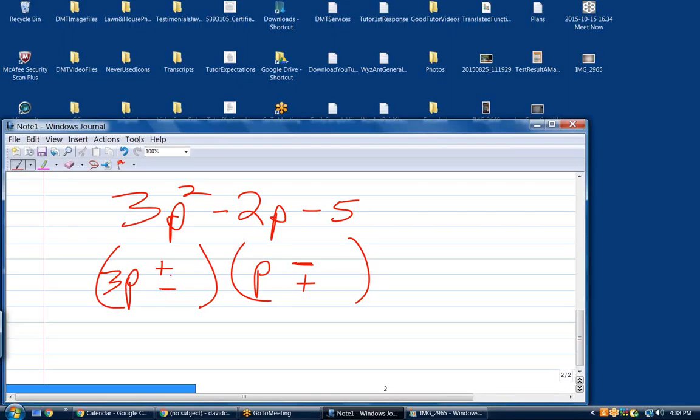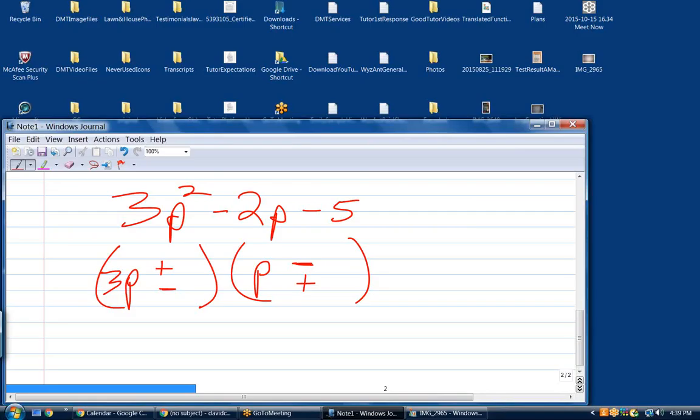But in this case, plus minus is not the same as minus plus. Notice that whatever numbers I put there, that's going to multiply times 3p. Whatever number I put there is going to multiply times p. So the signs might be plus minus, they might be minus plus. They'll be one or the other, but you don't know which at the moment.